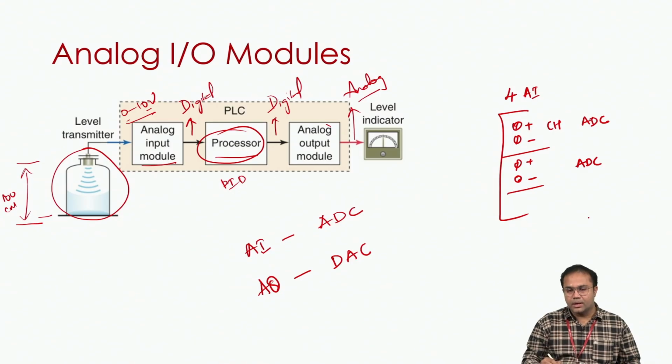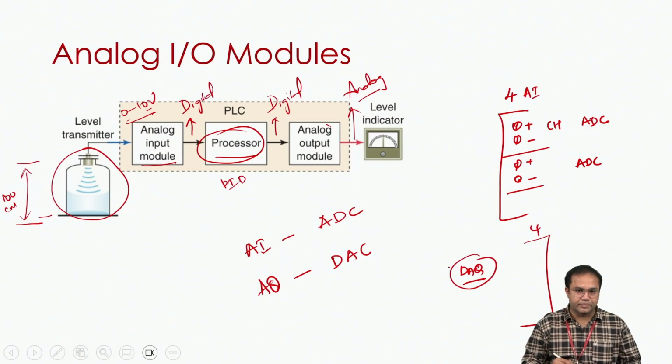Same is the case with the analog output. In the analog output also, it has a digital to analog converter. So if you have 4 channels, then 4 DACs we can expect, right?